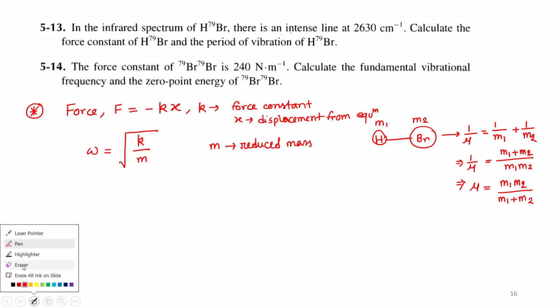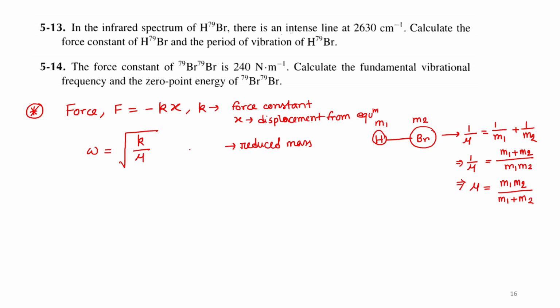so I will change my notations here a little. So omega equals root of k by mu, you already know what k is, right? And omega is actually the angular frequency, right? So this we know. Now there is a relationship between angular frequency and normal frequency. That is omega is equal to 2 pi nu.